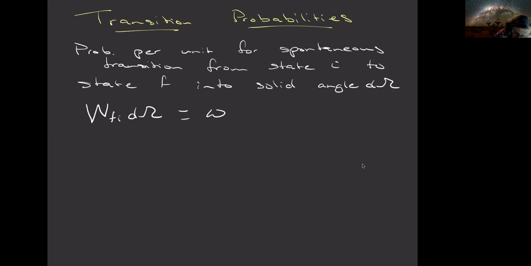and it's equal to omega_fi, which is the angular frequency associated with the transition from the initial to the final state, times e squared h bar on 2 pi m squared c cubed, times a matrix function M_fi squared.